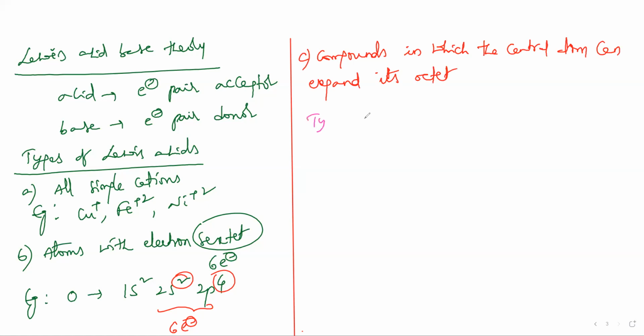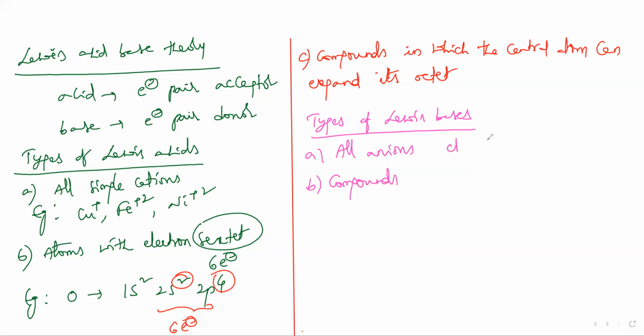Then types of Lewis bases. All anions. What are all anions? You can take any anion, Cl minus, OH minus, CN minus, Br minus. Second type, compounds in which the central atom has lone pair electrons.